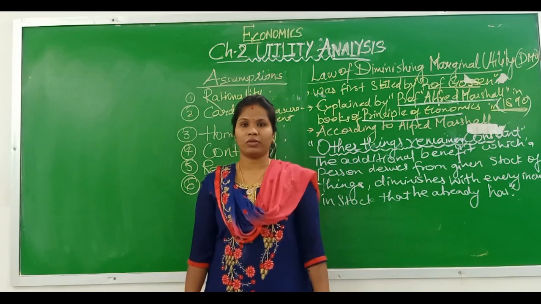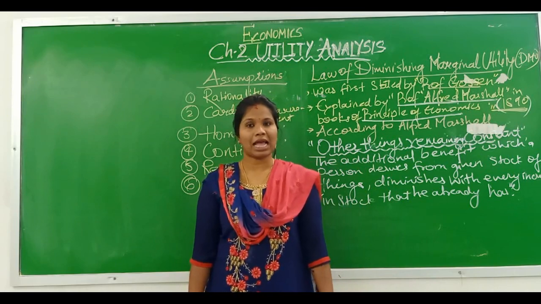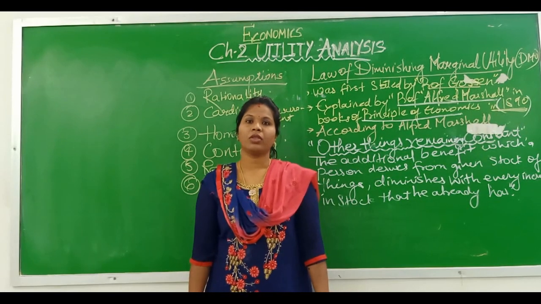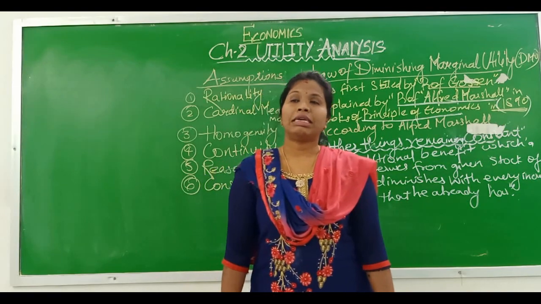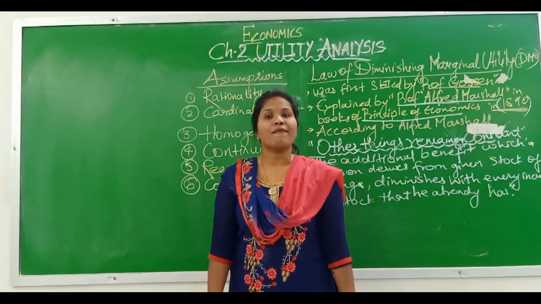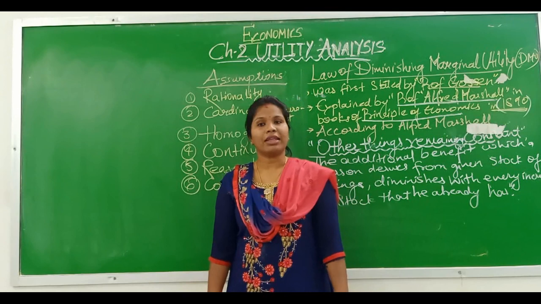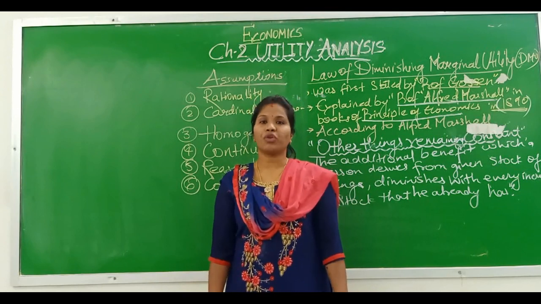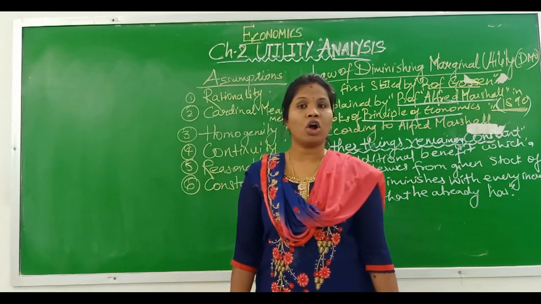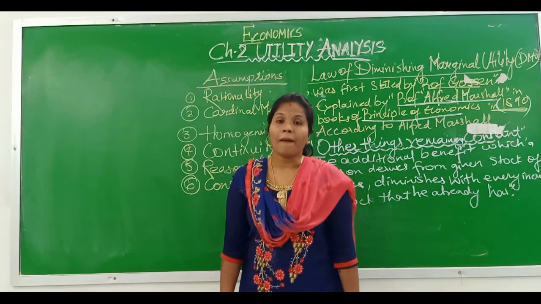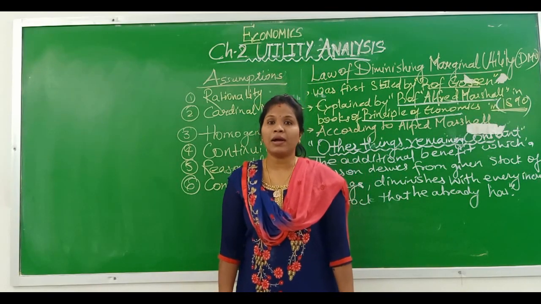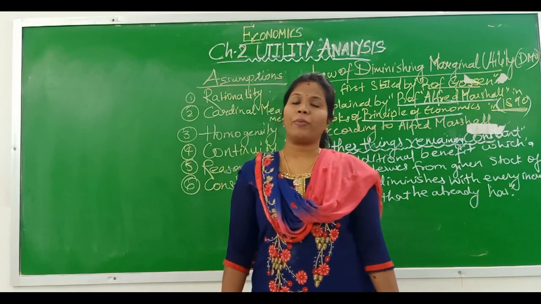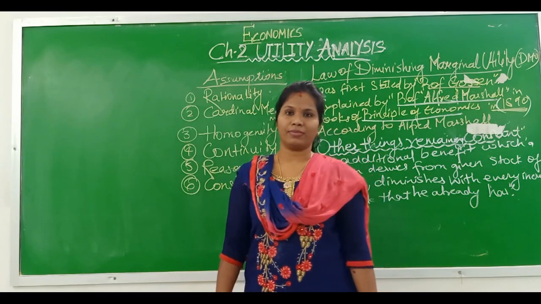Constancy means that his taste, habit, fashion, likes, dislikes, everything should be same. It should not change, as well as marginal utility in terms of money should also remain same.